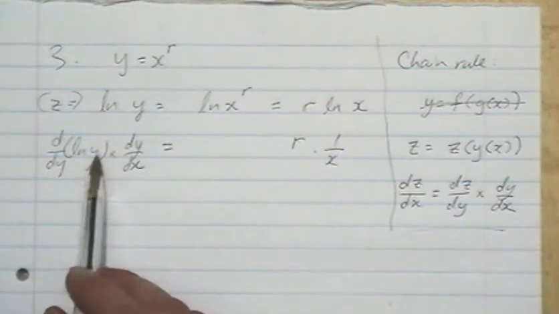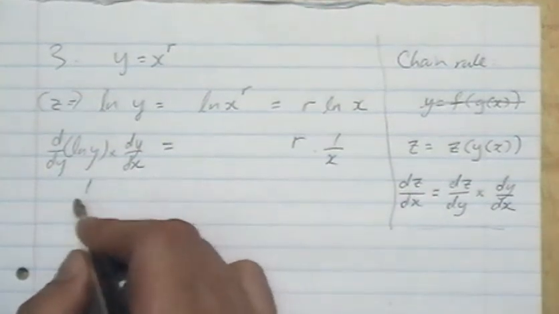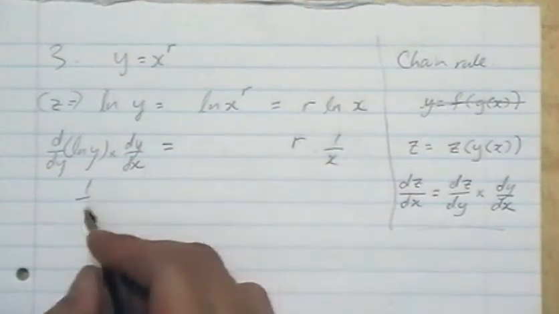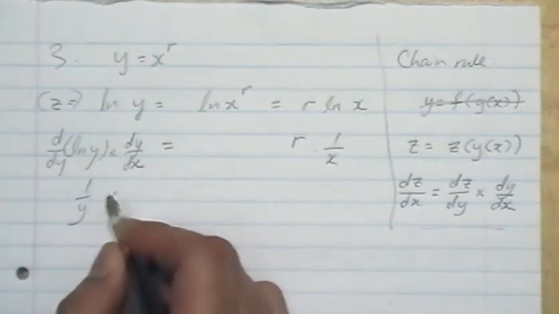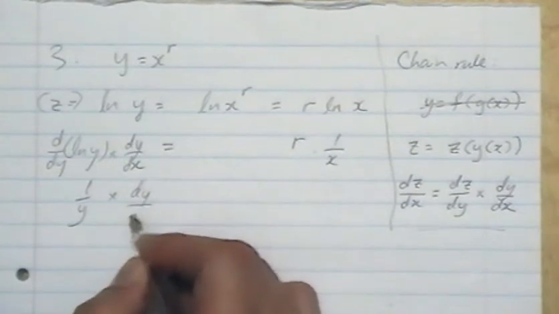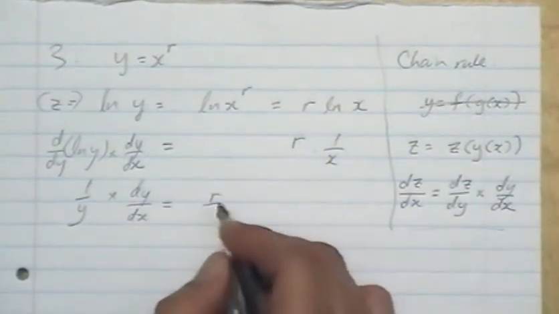I've just changed the variable to y. The result is the same: I'll have 1 over y for this times dy by dx. And that's r over x.